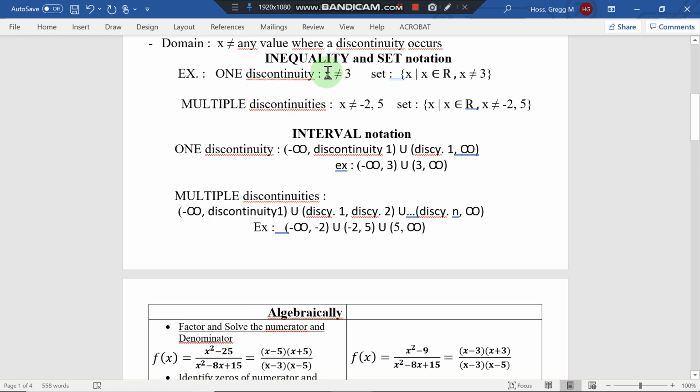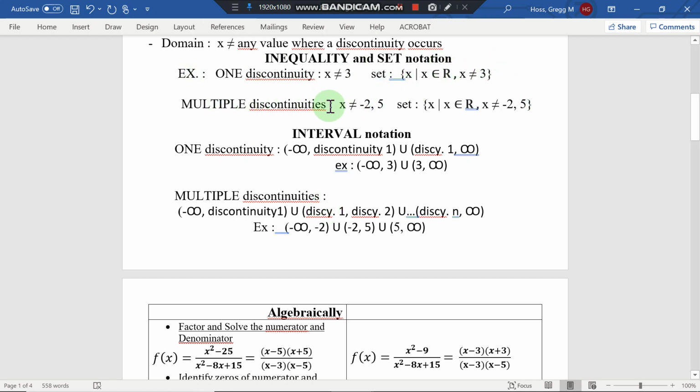We would write simply x does not equal 3. In set or set builder notation, we have our brackets and then we put x, and the bar stands for such that. So x such that x is an element of all real numbers, and x does not equal 3. So it can equal any number that you can think of except for 3.